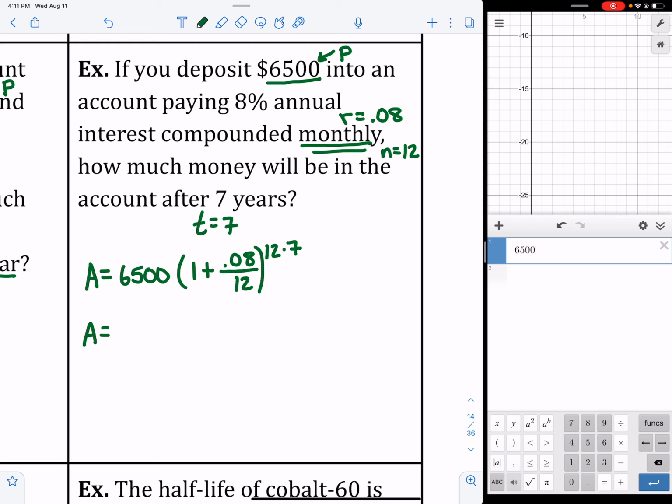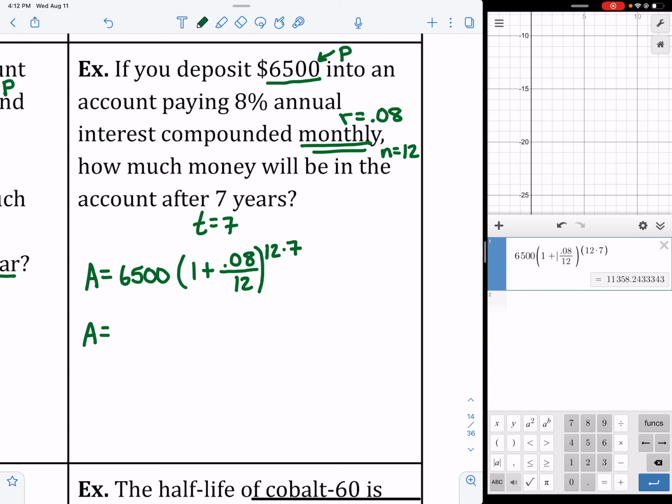And then we just need to carefully type all of that into Desmos this time. So 6,500, 1 plus 0.08 divided by 12, and then put your exponent and group those together. So 12 times 7 all together in the exponent. And so in this case, oh, I have the wrong sign right there. I need a plus sign right there.